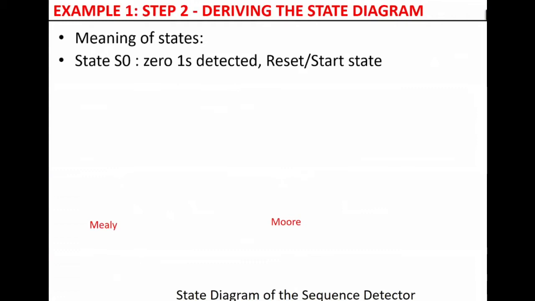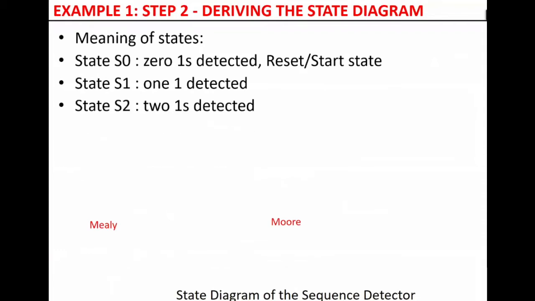And to me, if a student gets this part correct, unfortunately for you, I'm the one who is marking. If you can get this in the diagram correct, I will give you more than half the marks. To me, you've solved the problem. So this is what we should have. State 1 is 1 detected.